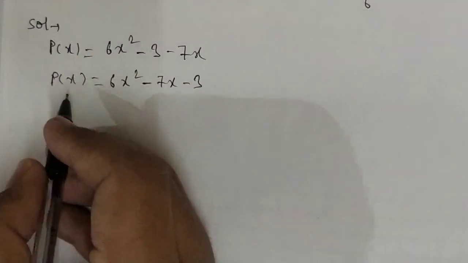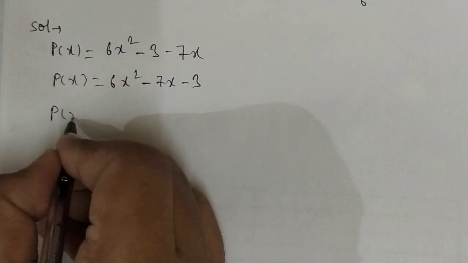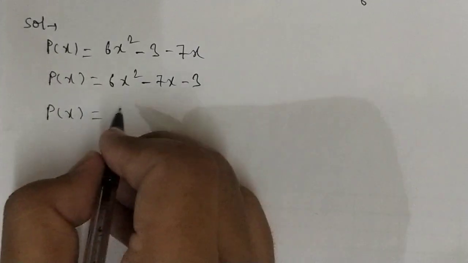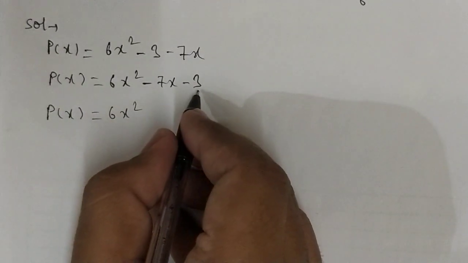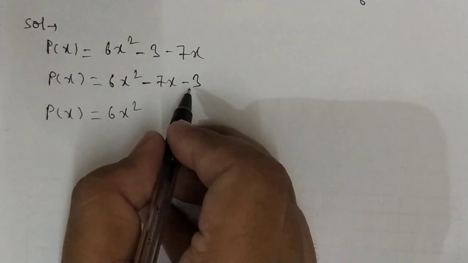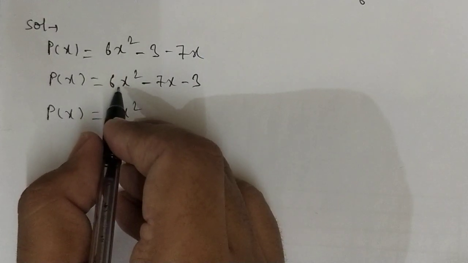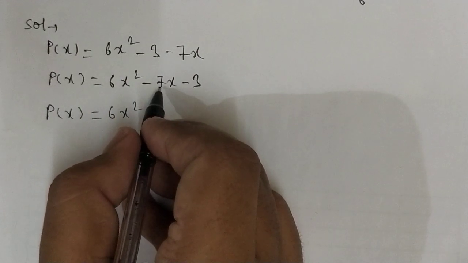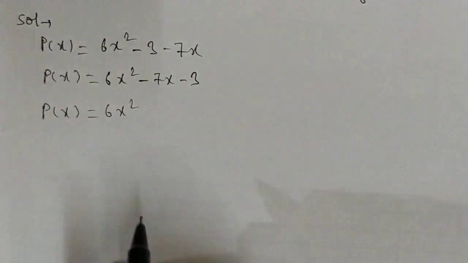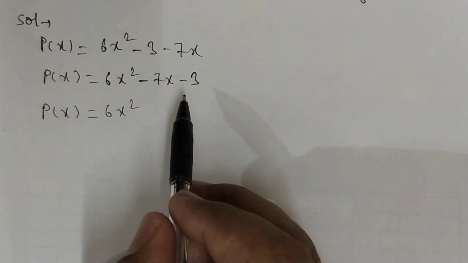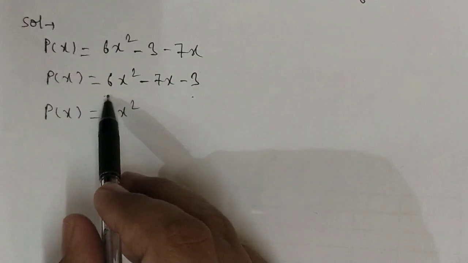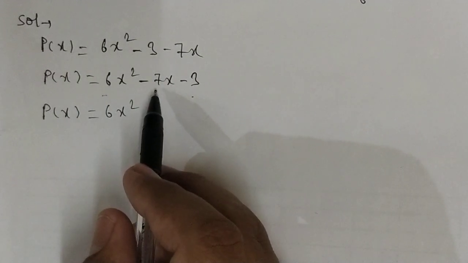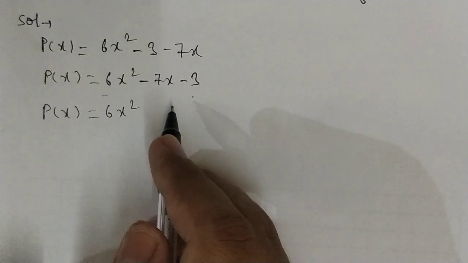Now first you have to find the zeros. How will you find the zeros? First split the middle term. Here it is minus 3, here it is 6. When you multiply minus 3 by 6 you get minus 18. Here it is minus 7. So you have to select two numbers such that on multiplying you get minus 18, because minus 3 into 6 is minus 18, and on adding them you get minus 7x.